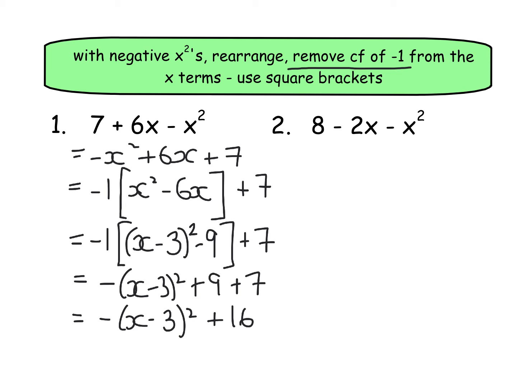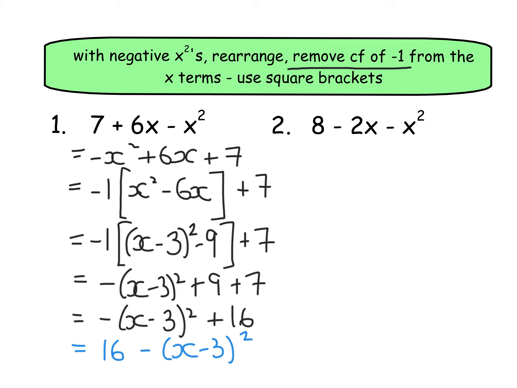I'm perfectly happy with my class leaving it at that stage, but sometimes in textbooks or in an exam, it might tell you to write it in a slightly different form. They just rearrange it so that you've got the positive thing at the start. Be aware that's exactly the same thing. They've just switched the bracket and the 16 round because it looks a bit nicer.